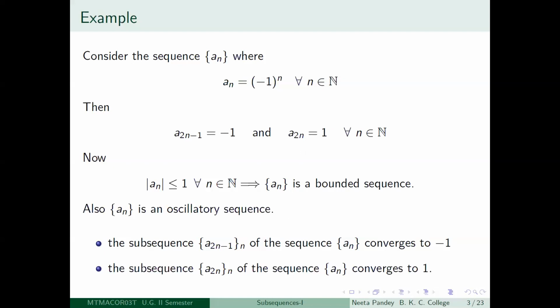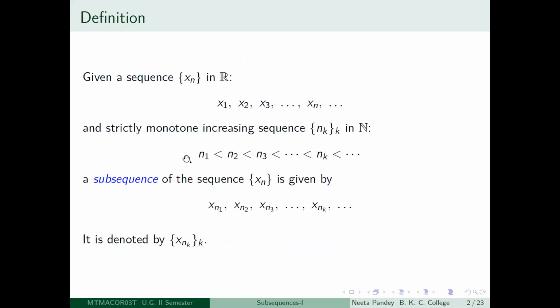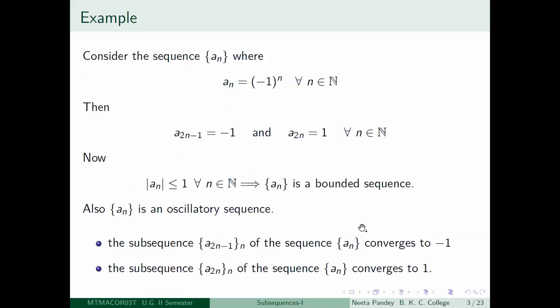Of any sequence actually, the easiest way is to look at all the odd terms. So then you're looking at the first term, then the third term, then the fifth term, then the seventh term, and so on. So there is no problem with this. The arrangement remains the same. So look at all the odd terms of the original sequence. That will give you a subsequence.